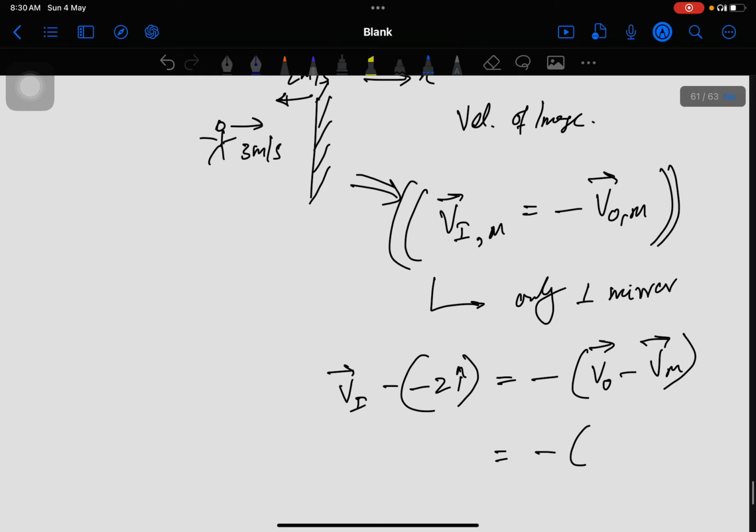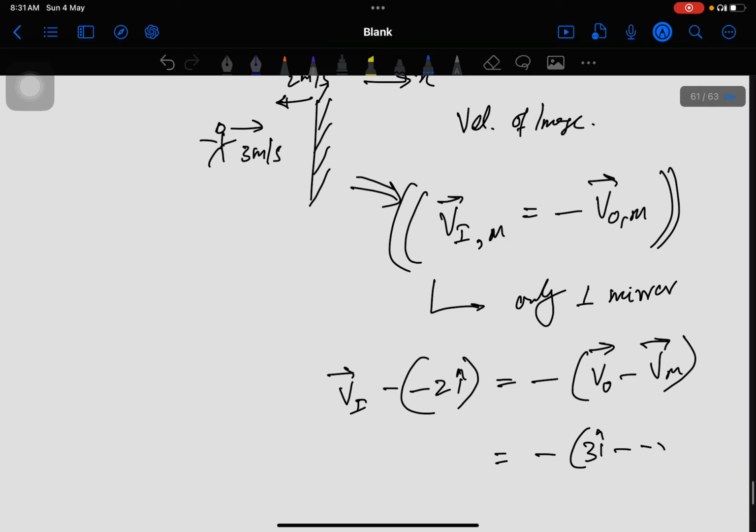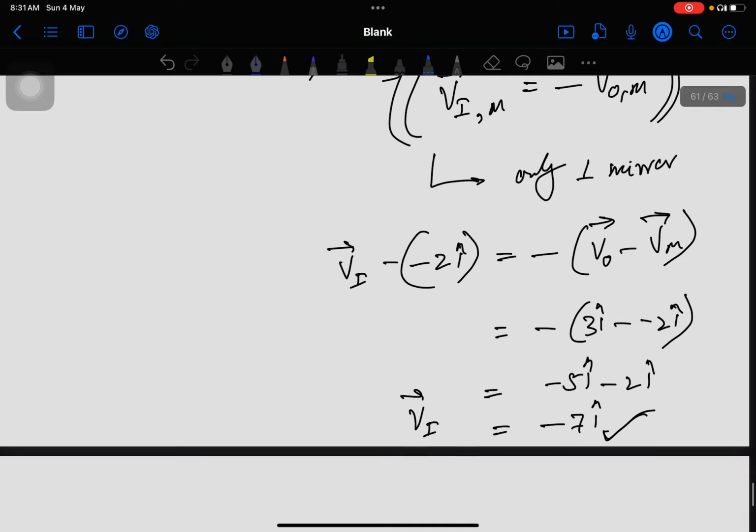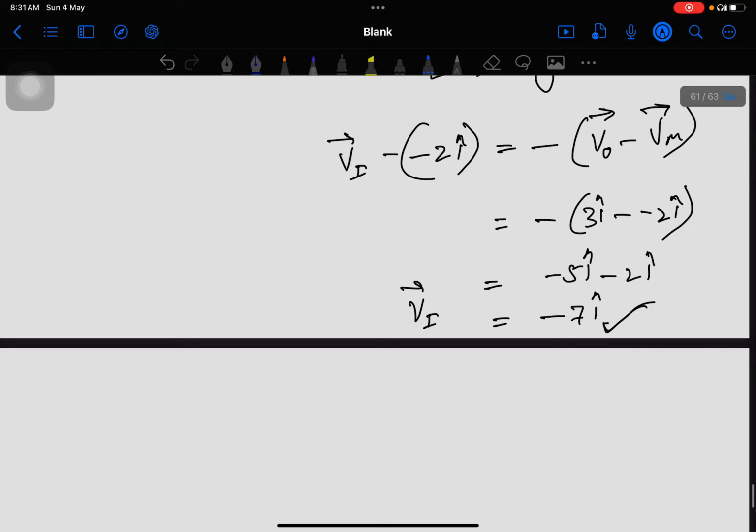Here you can substitute the object velocity, which is 3 i cap, minus the velocity of the mirror, which is minus 2 i cap. That's it. So you get this as minus 5 and on the left hand side you had plus 2. So here it becomes minus 2, which means that it is minus 7 i cap. This is the velocity of the image itself, right?